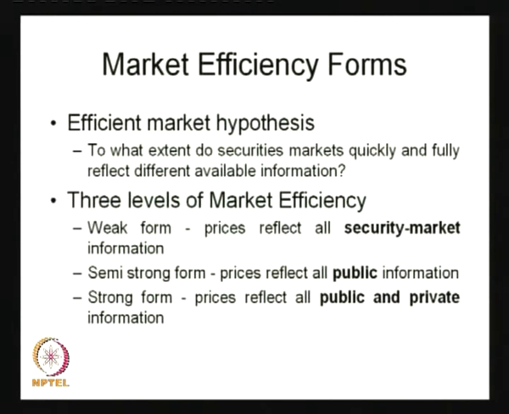That is why nobody can predict the future of the market by analyzing past data. So in the weak form of market efficiency, prices reflect all the security market information. Everybody has the same level of information, and nobody can get any extra information by which they can earn high returns.